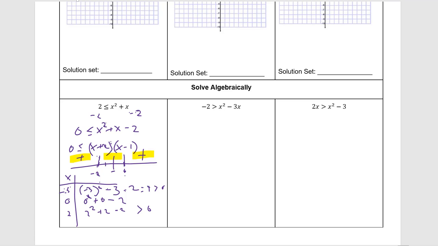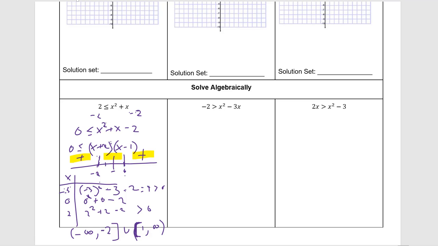So our solution set then will be all the values less than or equal to negative 2. So negative infinity to negative 2, including negative 2, union with positive 1, including that, positive 1 to infinity.